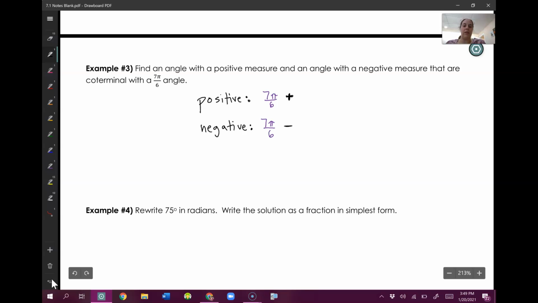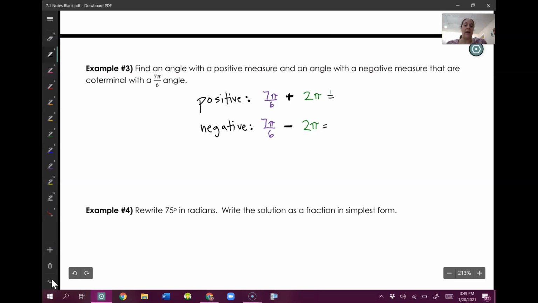For the negative, we're going to subtract. But this time, we're not going to add 360 because that's in degrees and we're talking radians. So if you remember from the first video, we said that 360 degrees, a full circle, is the same as 2 pi radians. So in this case, we're adding and subtracting 2 pi because that's in radians, not degrees.